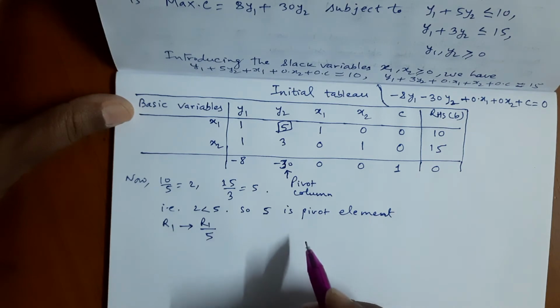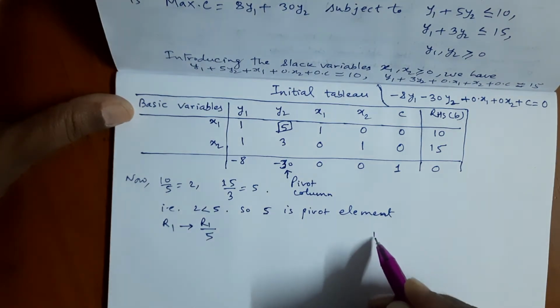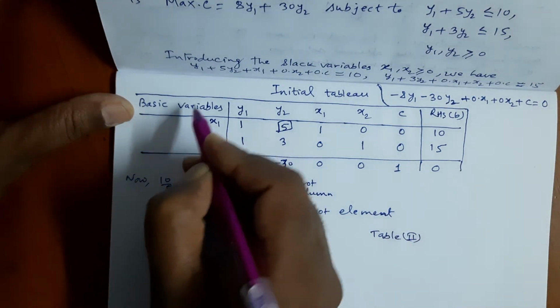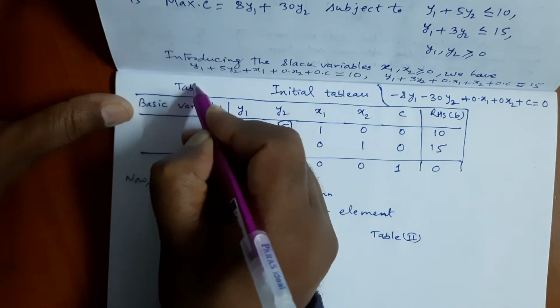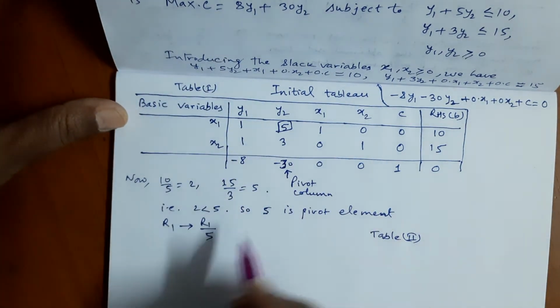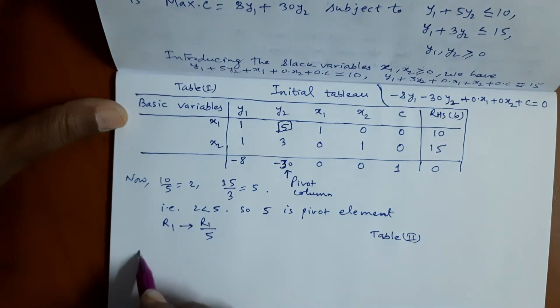Now we again make the next table, table number 2. Okay, this is the initial tableau, that is table first, and in the same way we write basic variables.